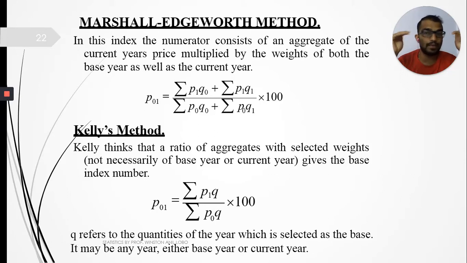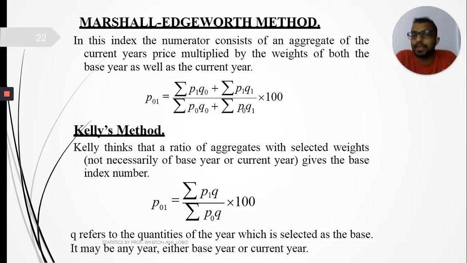P1 and P1, both places, but quantity of the base, quantity of the current. That's what is given in the statement also: price is multiplied by both base year as well as current year quantities.